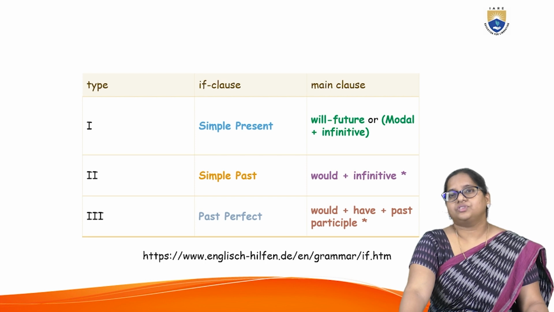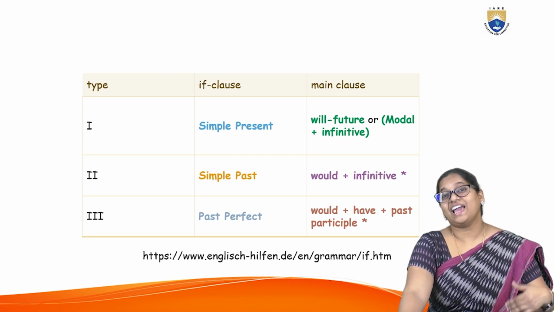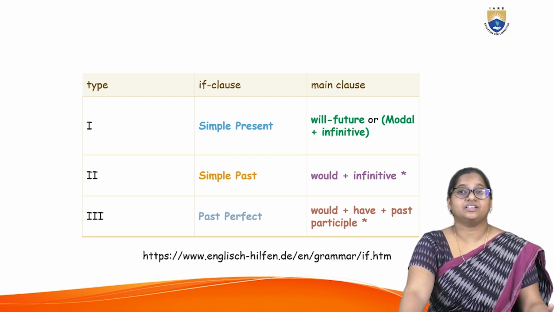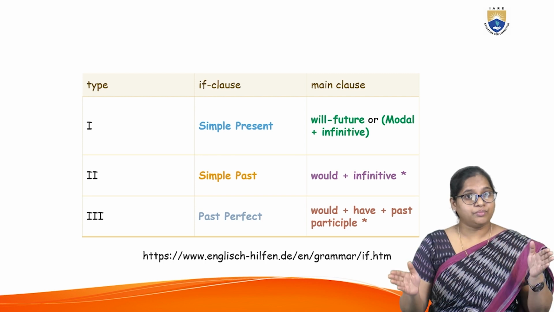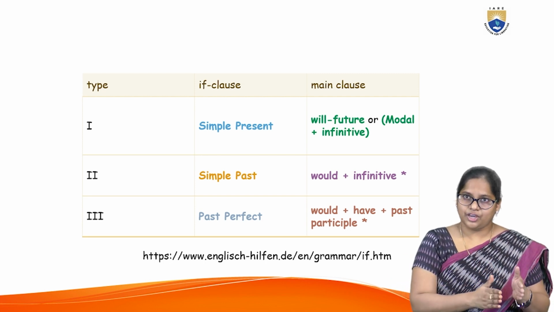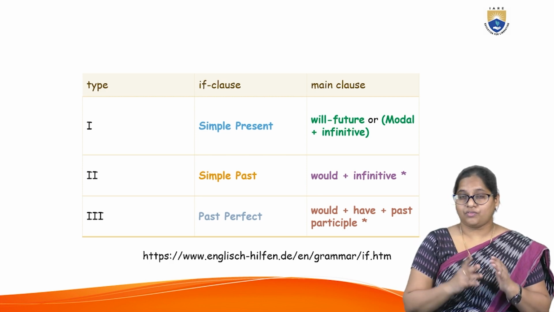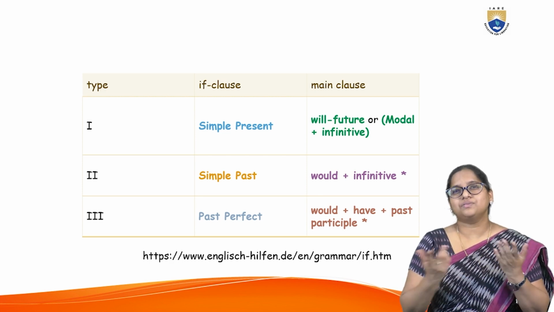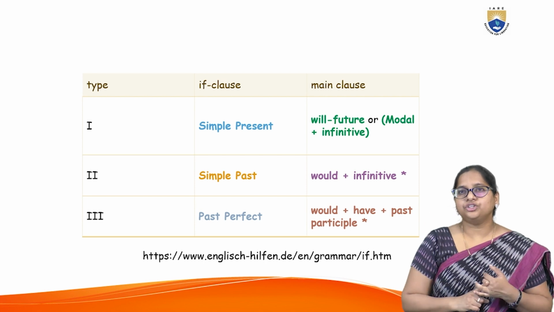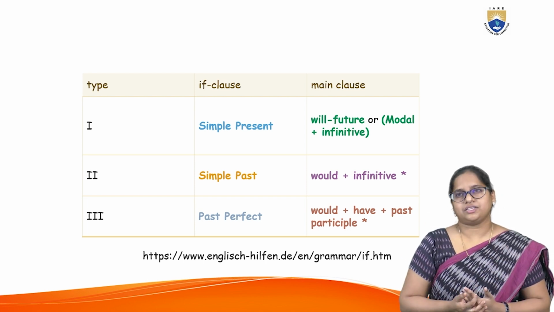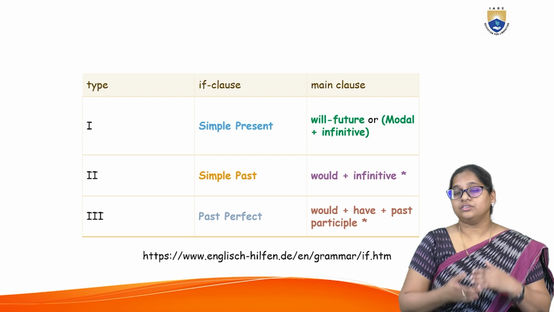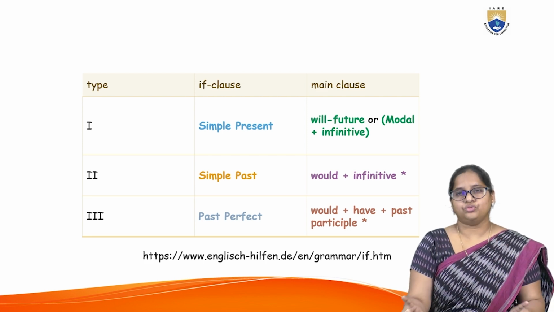The third one is past perfect: he had done. Now you have to combine both, the tense plus the clause. In condition 1 you use simple present, in condition 2 simple past, and in condition 3 past perfect. Along with the tense, you have to use the clause also.